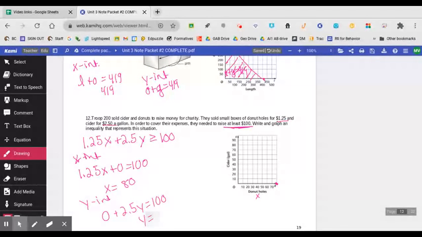So my y-intercept is 100 divided by 2.5, which is 40. And it's equal to, so that's a solid line. And now, if I put (0, 0) in, that's not true because it becomes 0 is greater than or equal to 100. And I want more, so I'm going to shade up here and I write the inequality.